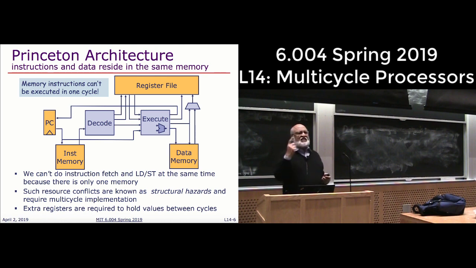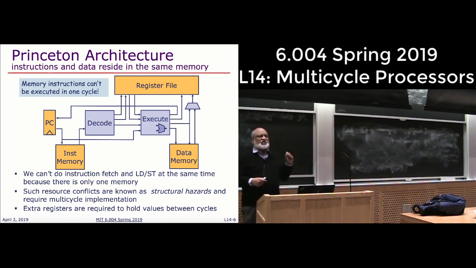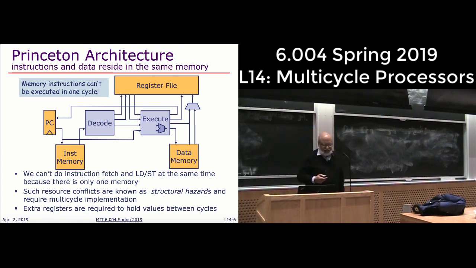It's just that we can't execute instructions in one cycle anymore, especially a memory instruction, because in the same cycle you want to fetch the instruction and then you want to perform some data operation on the memory. And if you have only one memory, these two operations cannot be done in the same cycle. So we can't do instruction fetch and load/store at the same time because there is only one memory.